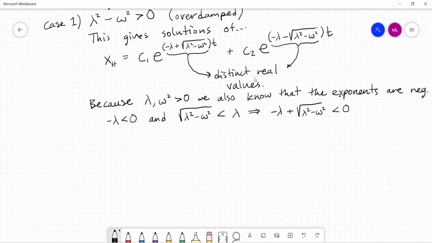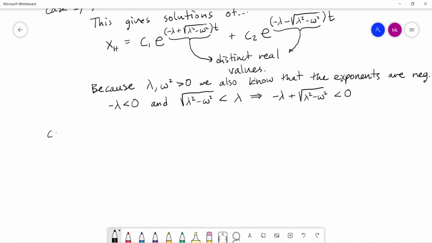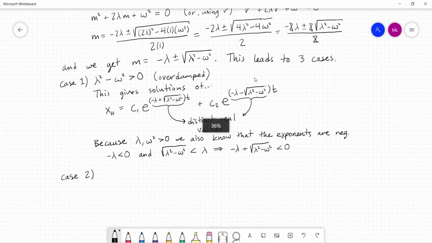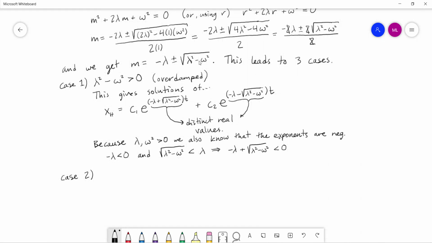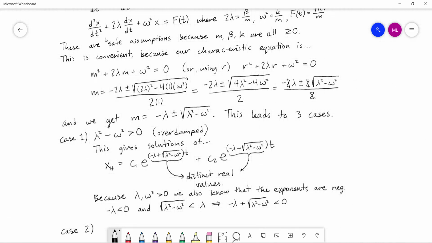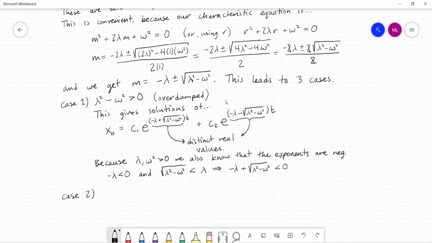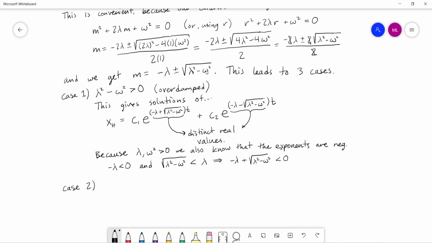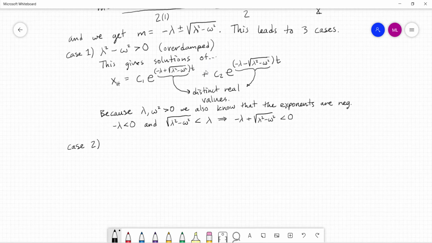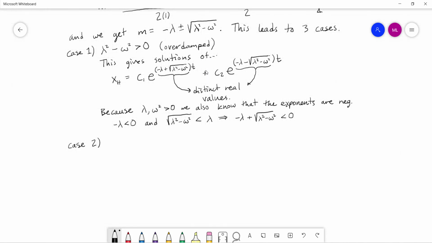Let's look at case number 2. Case number 2 is, what if things work out so that the values picked for the coefficients in our initial problem are such that lambda squared minus omega squared is equal to 0. So in this case, the lambda squared minus omega squared term is equal to 0 instead of being greater than 0.